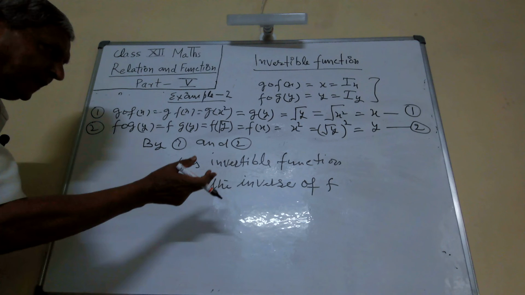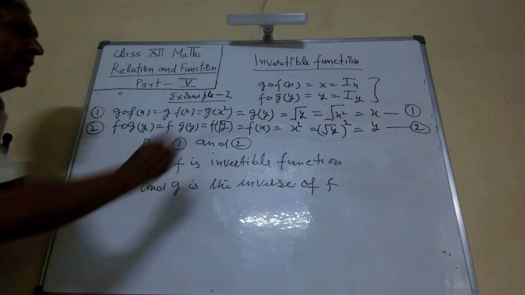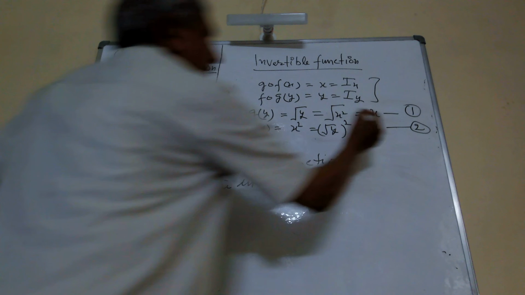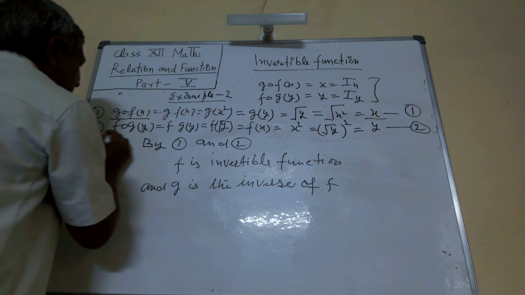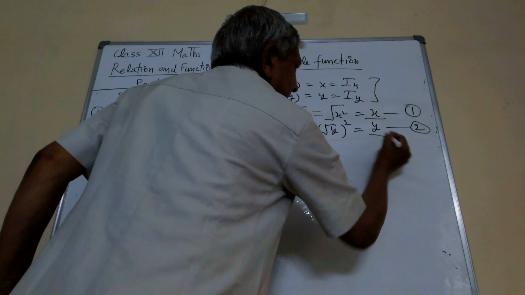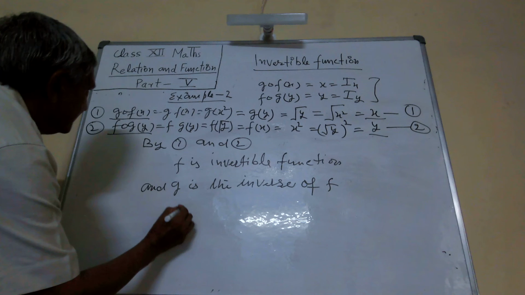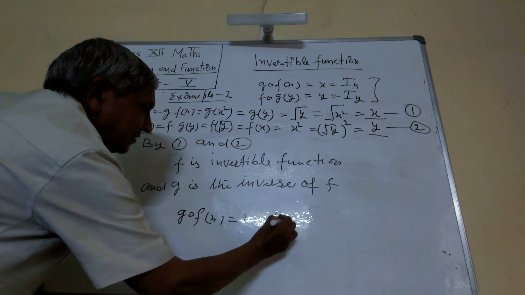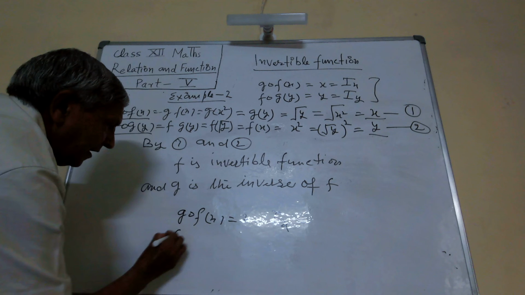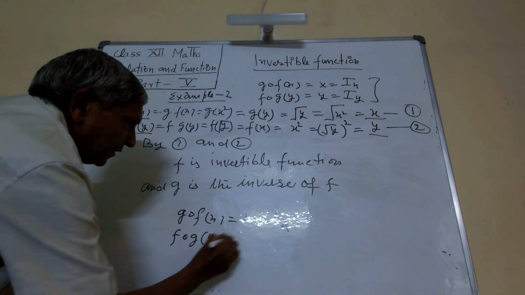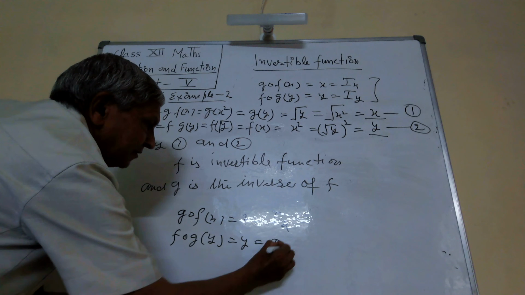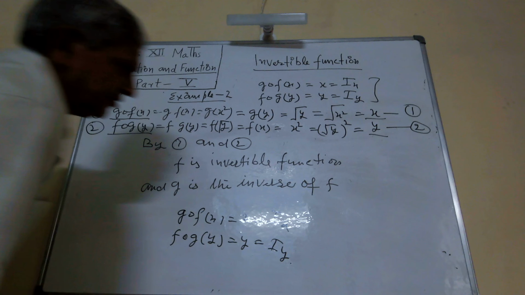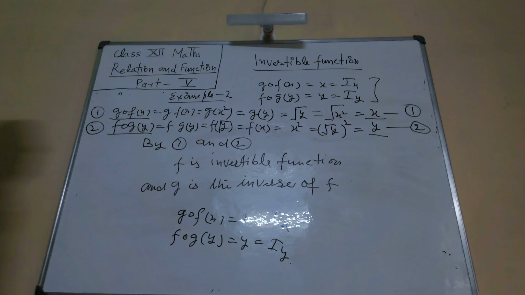By these two conditions, g o f x is equal to x is equal to I x, identity function. f o g y is equal to y is equal to I y. These two conditions are proved. Hence, this is an invertible function.